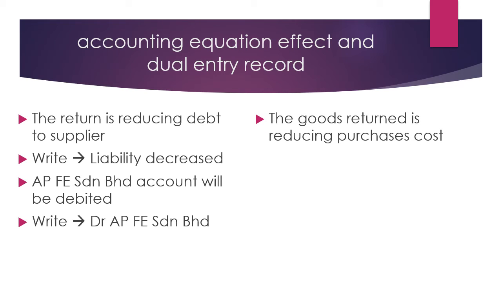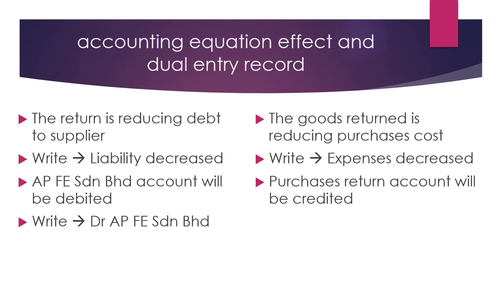And the goods return is actually reducing the purchases cost. The purchases cost is actually an expense. So you need to write expenses decreased. Your expenses previously were 2,000, but now the total of your expenses has been decreased. So you need to write expenses decrease.